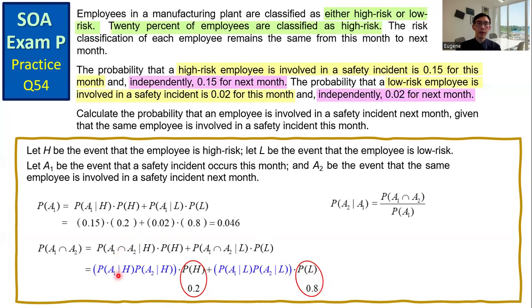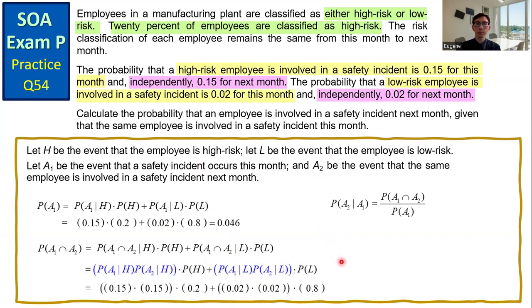And the probability of A1 given H and the probability of A1 given L remain unchanged, 0.15 and 0.02 respectively. The probability of A2 given H is 0.15. The probability of A2 given L is 0.02. Plug the numbers in.